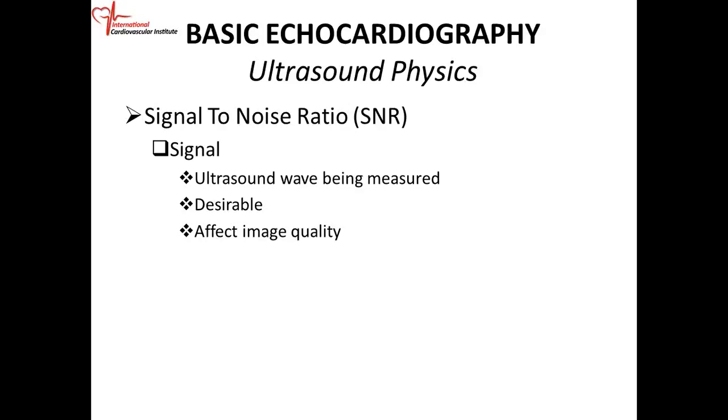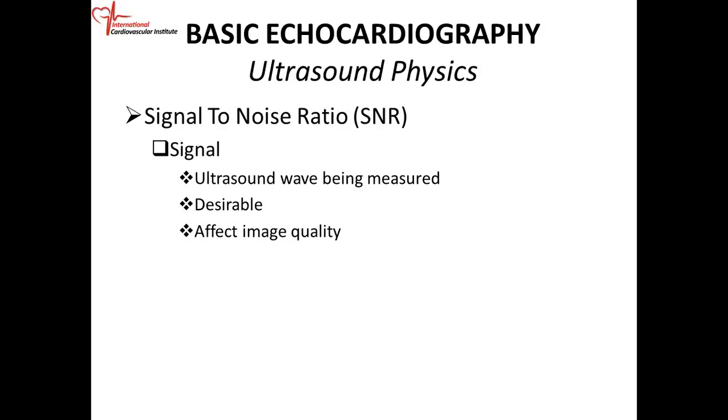Another thing you need to know a little bit about is signal to noise ratio. You want more signal than noise. So whatever you do, you try to improve the signal and reduce the noise. The signal is the ultrasound wave that you're trying to measure.